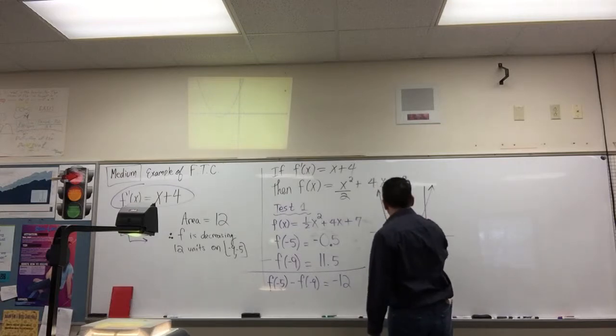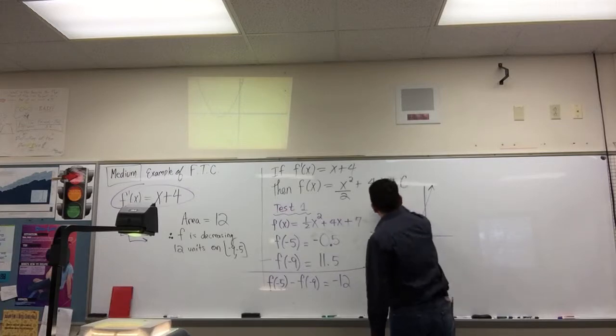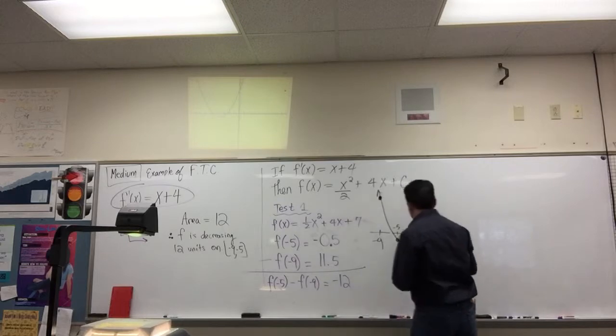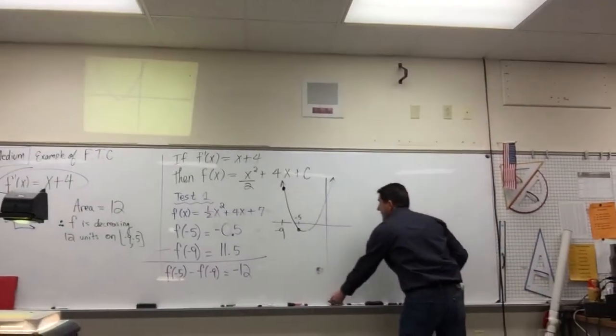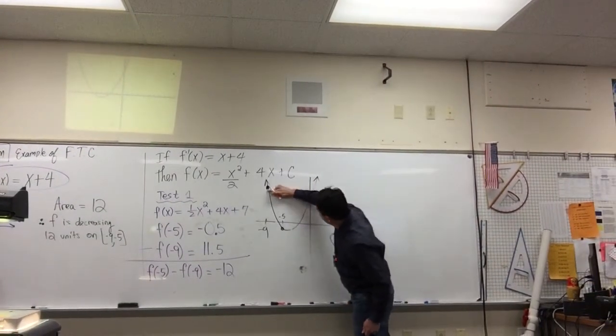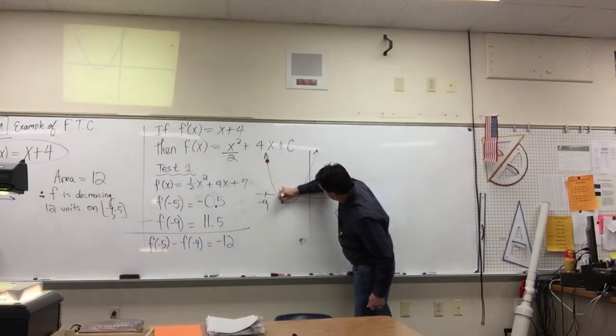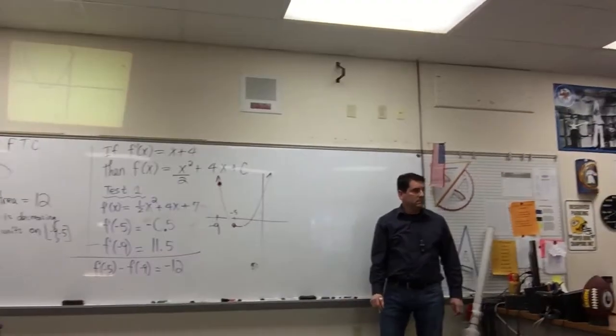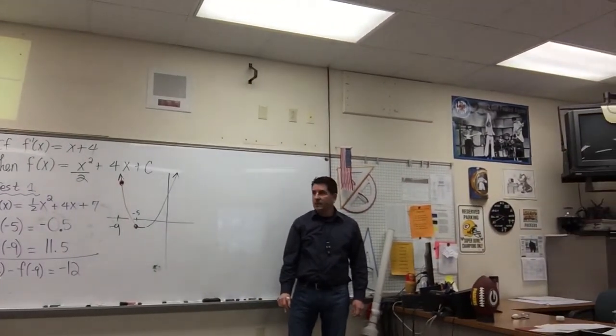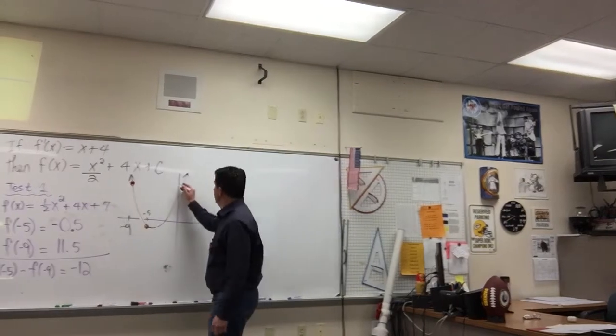Looks like it goes over here. Negative 5. So since we're only focusing on the interval from negative 9 to negative 5, this is where I'm looking at, from here to here. Negative 9 to negative 5.